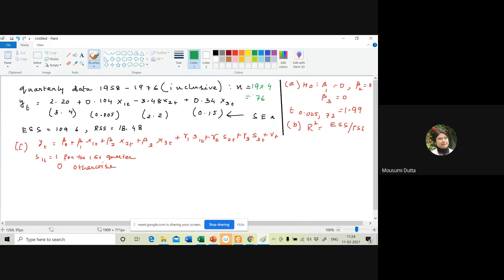For A, the null hypothesis will be, so please look at the right hand side. Please write down the null hypothesis. H naught: beta 1 is equal to 0, beta 2 is equal to 0, and beta 3 is equal to 0.